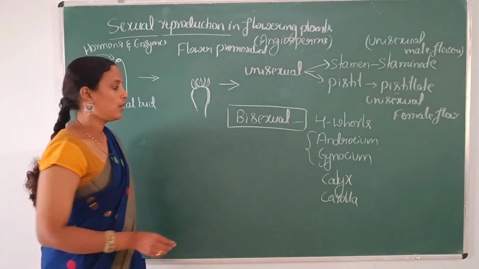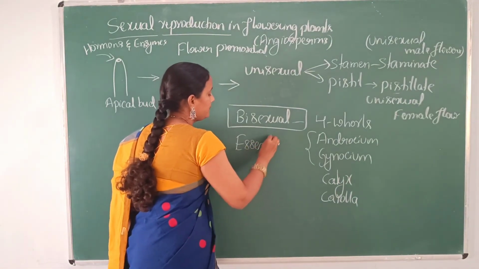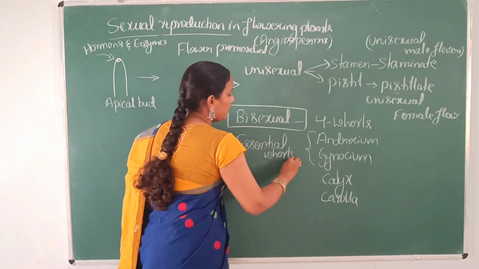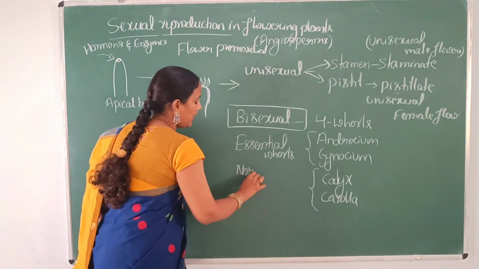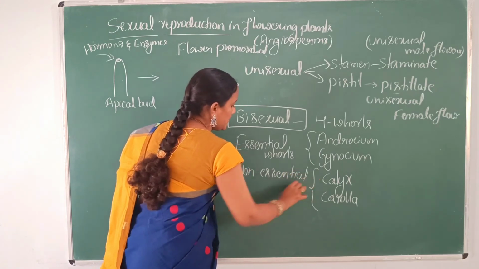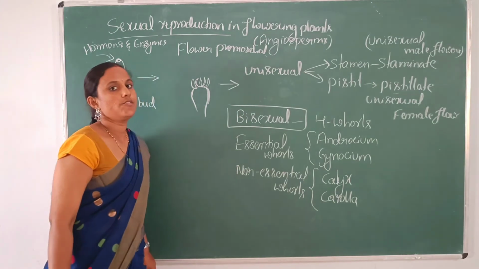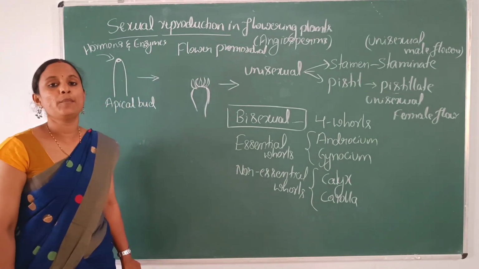androecium and gynoecium are called essential whorls, whereas calyx and corolla are called non-essential whorls. Essentiality and non-essentiality depends on their participation in gamete formation.